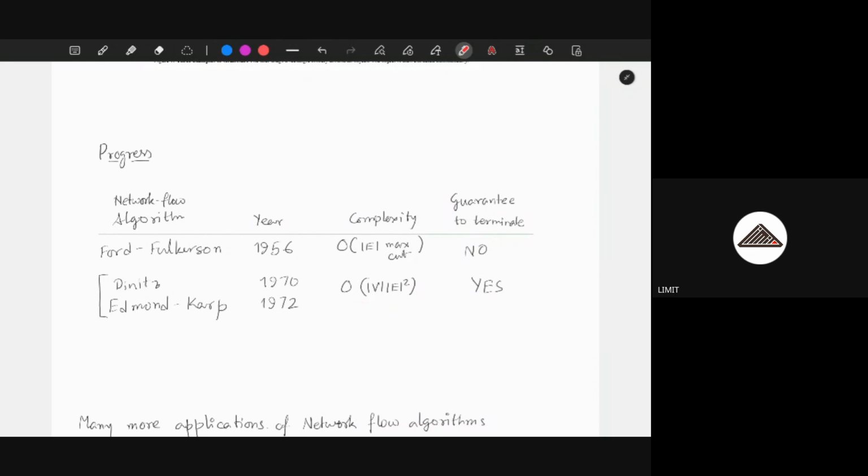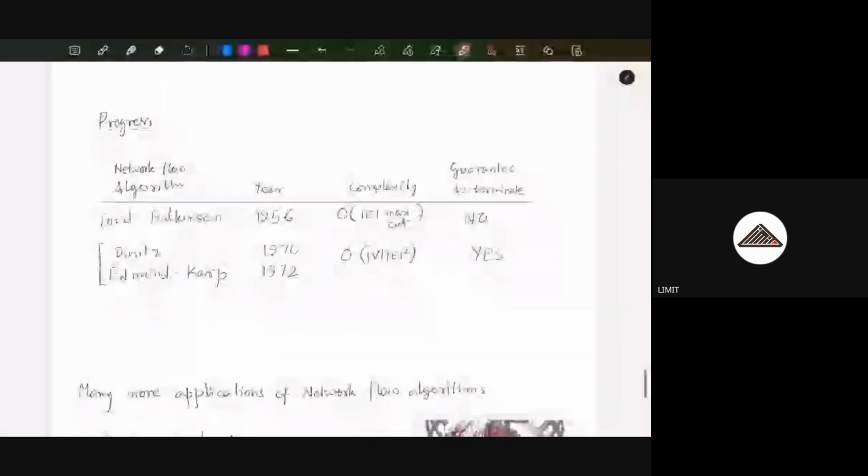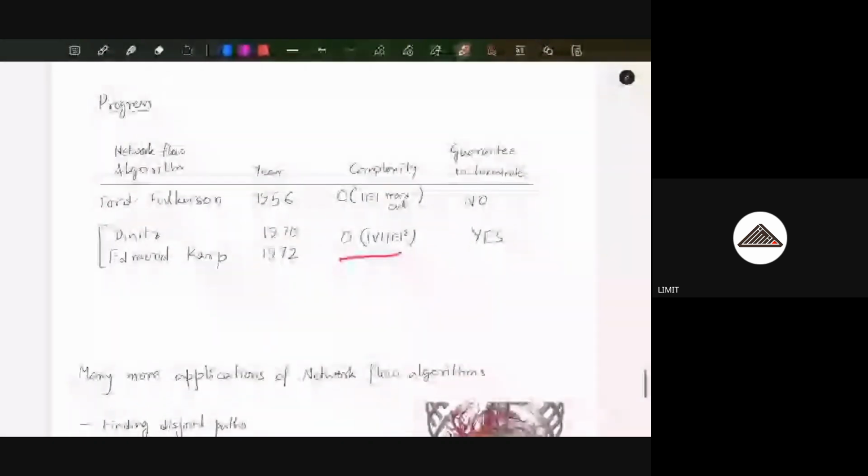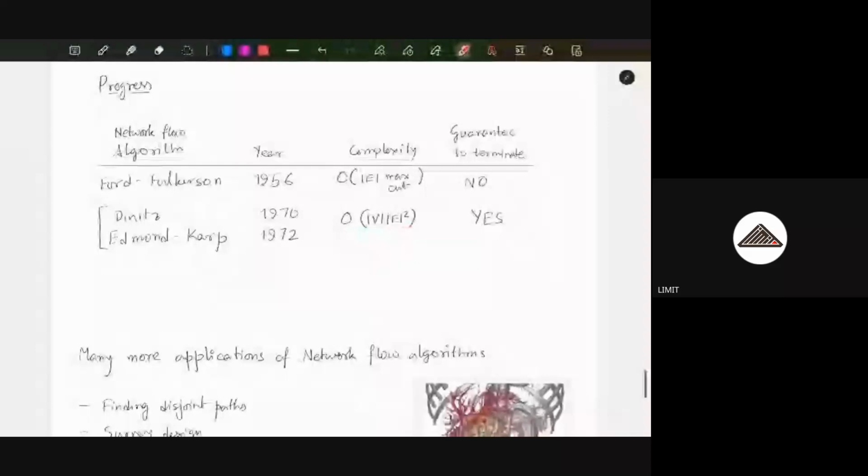The complexity is order of number of vertices times the number of edges. Now this holds for finite networks, of course. It doesn't depend on the capacities, only on the network. It should be fine.